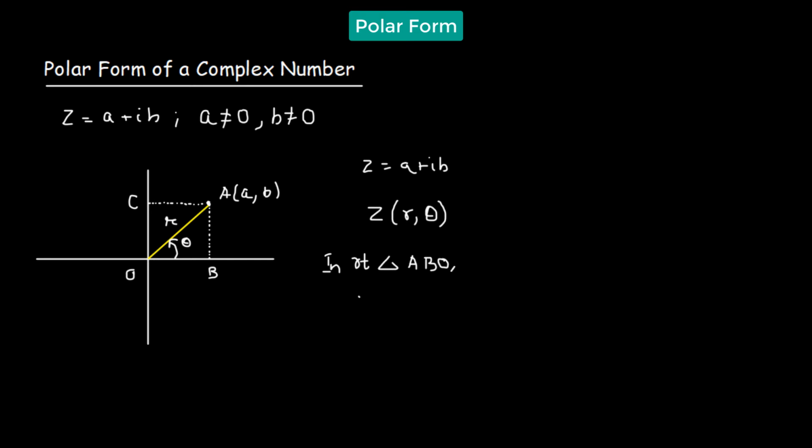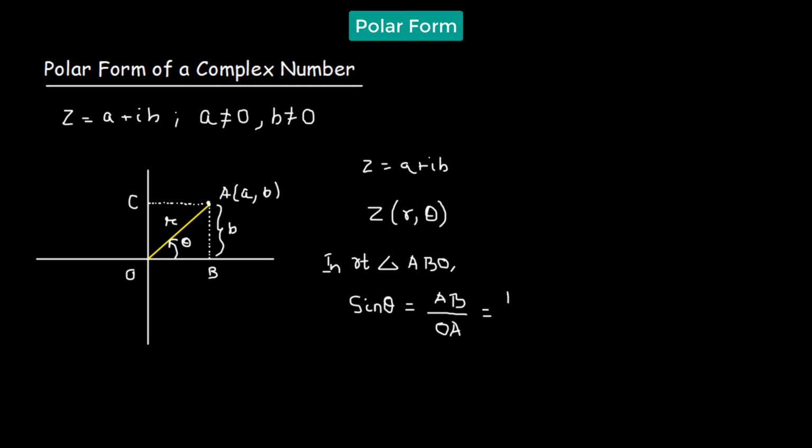So let us find out the value of sine theta. Sine theta is given by the perpendicular, which is AB, over the hypotenuse, which is OA. Now we are going to substitute the value of AB by the actual measurement along the y-axis, or the imaginary axis, and we know that this value is b.